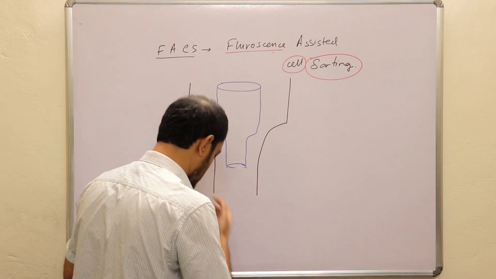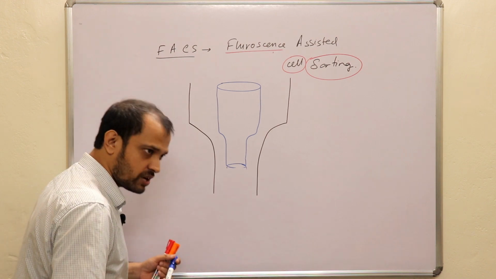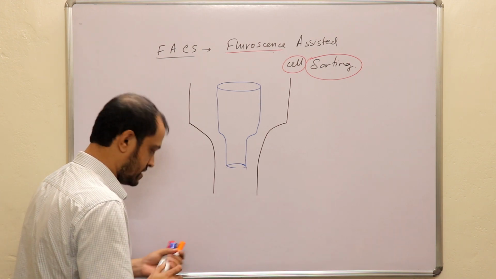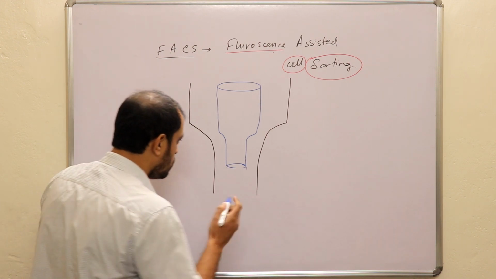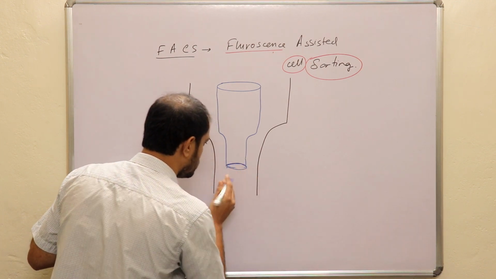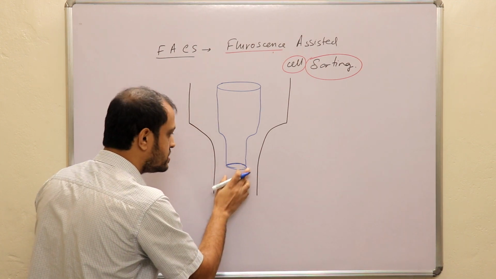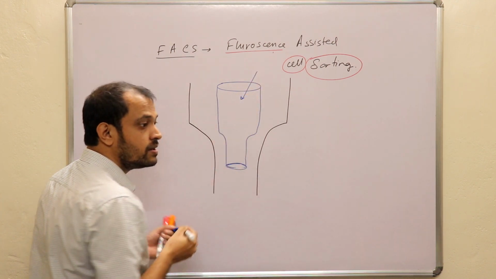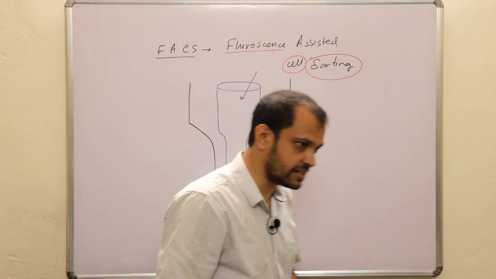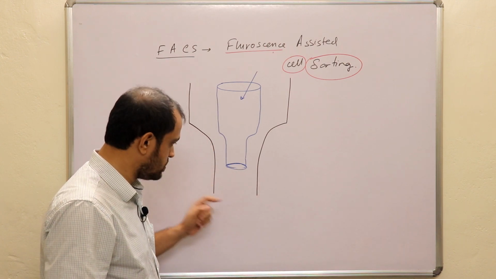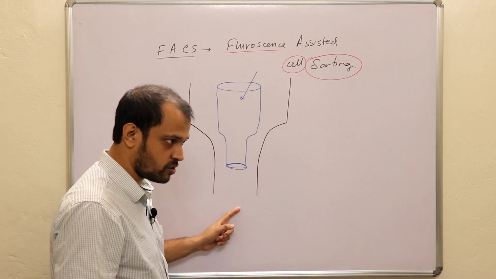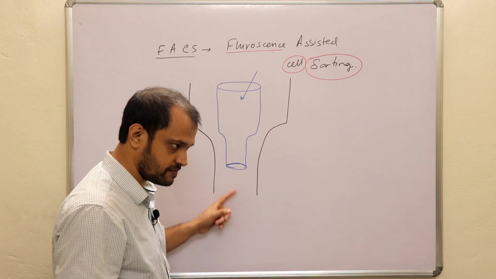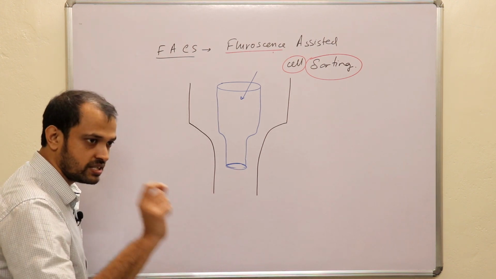Now listen. With the help of hydrodynamic focusing, we already know that a streamline flow of your injected cell suspension is created. I am not going into details because we have already discussed it. But there is an important change in this.